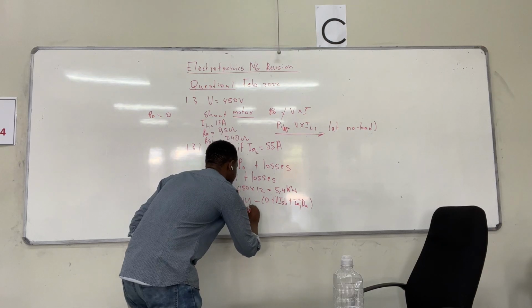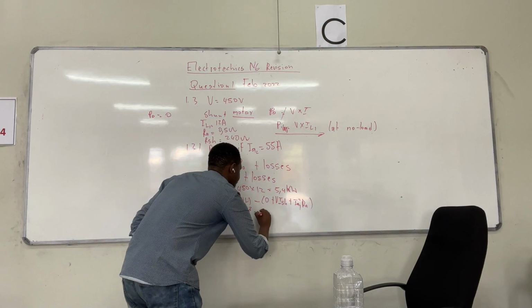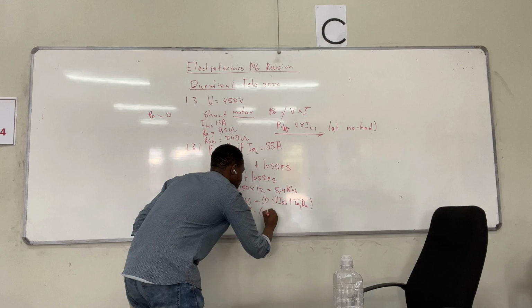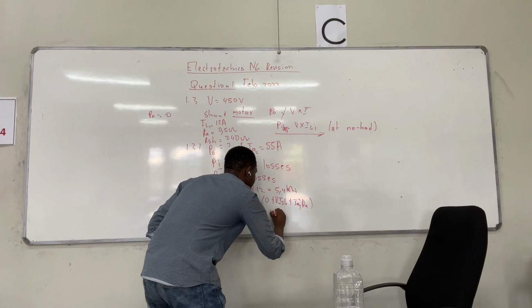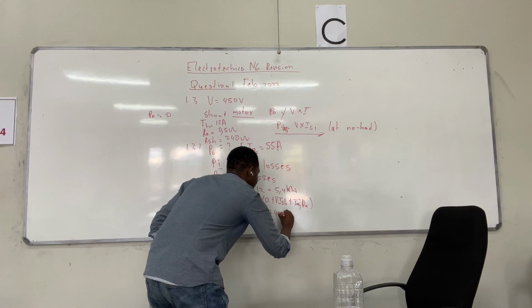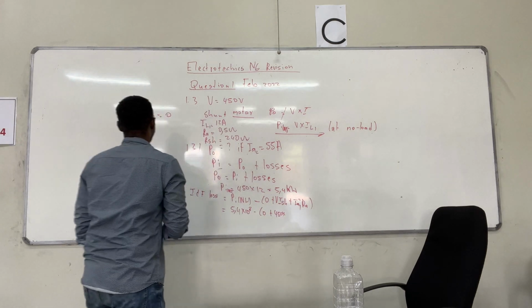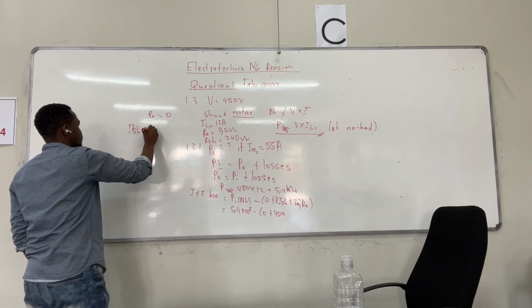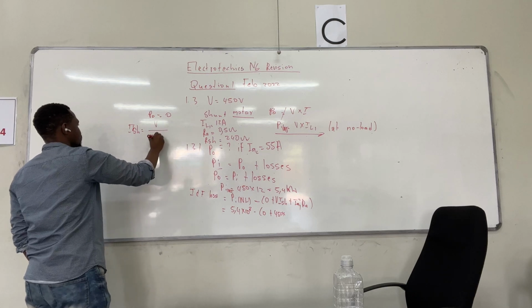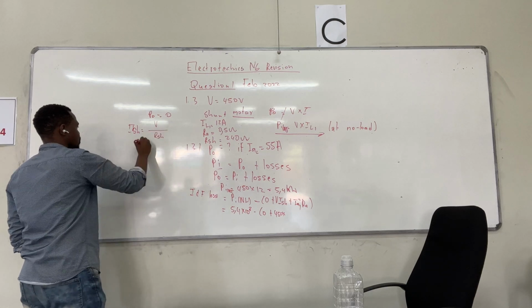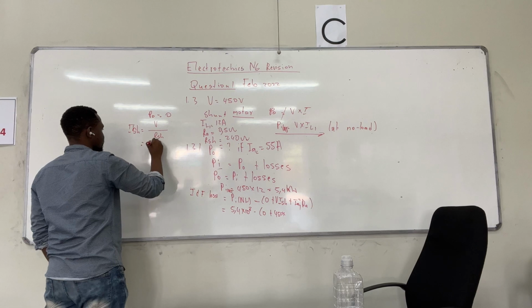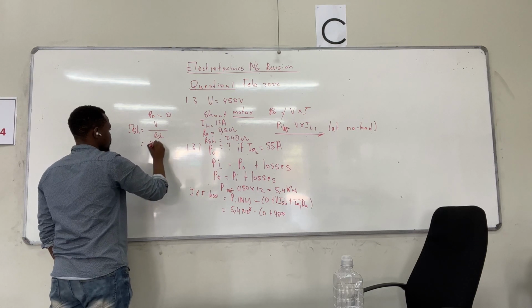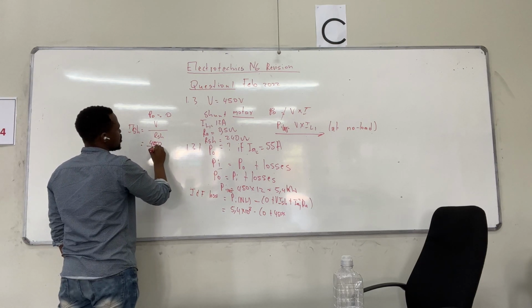So 5.4 times 10 to the power 3, minus 0, minus 450 times I shunt. By Ohm's law, I shunt is 450 over 240.